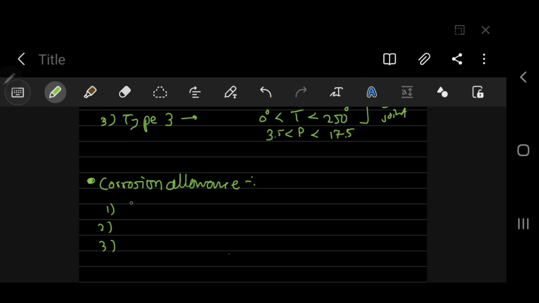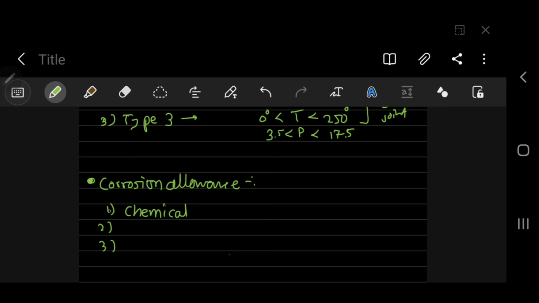The first one is that the chemicals we are going to store will react with the container and corrode some part of the pressure vessel. So we should add some thickness to the pressure vessel. That added thickness is called corrosion allowance.